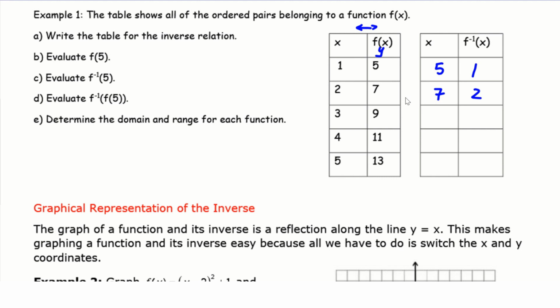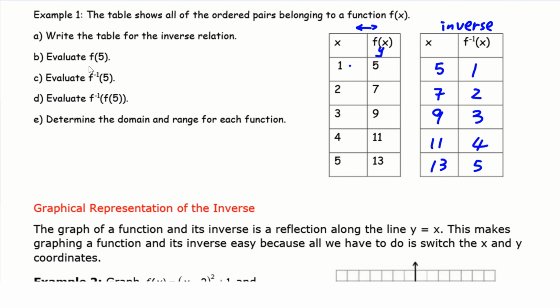They are inverses. So 3, 9 becomes input 9, output 3. Input 11, output 4. Input 13, output 5. So this is the inverse of the first function. This is a function because one x corresponds to one y. Inverse is just switching input and output.